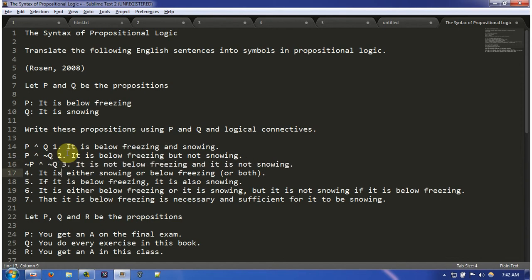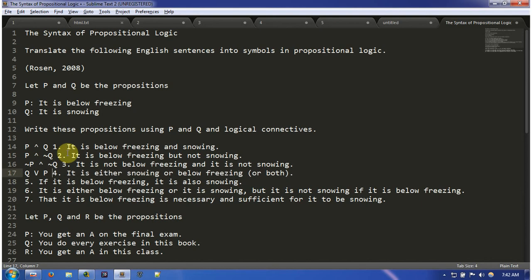Next, number 4, it is either snowing or below freezing, or both. It is either snowing or below freezing. Okay, that's an and.